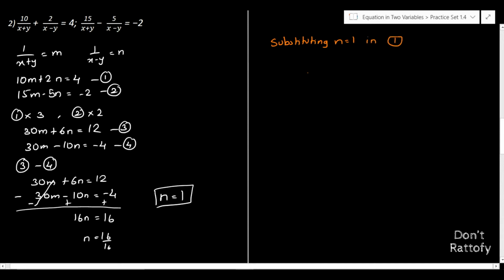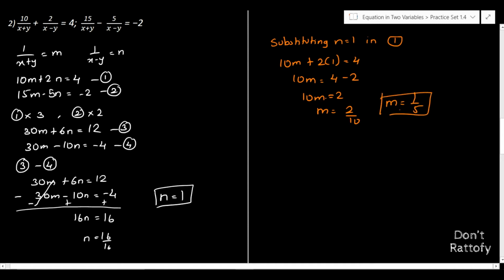In equation 1, if this is the case, what will happen is 10m plus 2 multiplied by 1 is equal to 4, right? So 10m is equal to 4 minus 2, 2 ones are 2, and 2 will become negative 2 here. So it is 10m is equal to 2. m is equal to 2 upon 10. So I have the value of m as 1 upon 5. This is because 2 ones are 2, 2 fives are 10. I have the value of n as 1. I have the value of m as 1 upon 5.